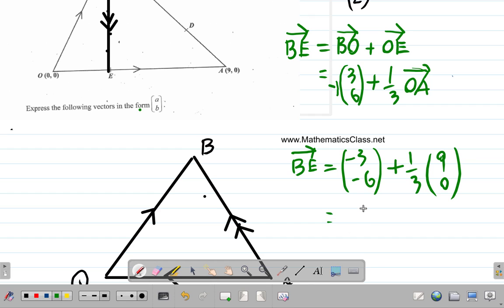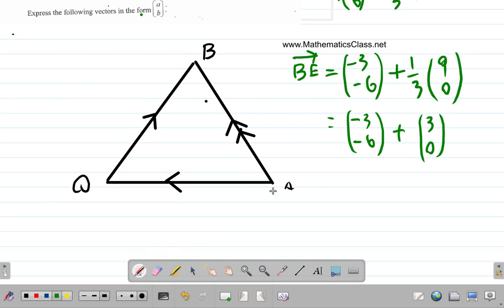So what we have here is (-3, -6) plus 1/3 of 9 is 3. 1/3 of 0 is 0. Do you see that? So, we have -3 plus 3, negative 6 plus 0. Negative 3 plus 3 is 0. Negative 6 plus 0 is negative 6.